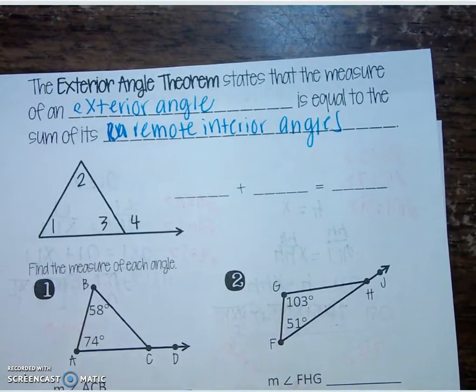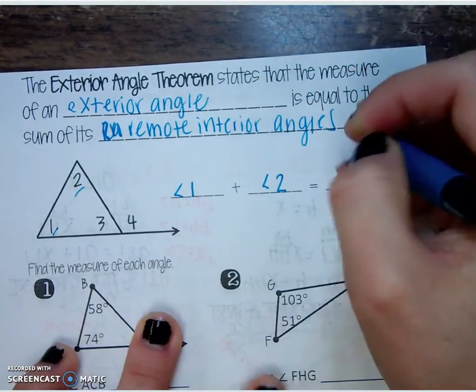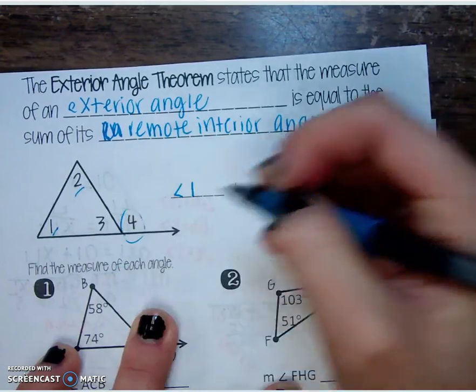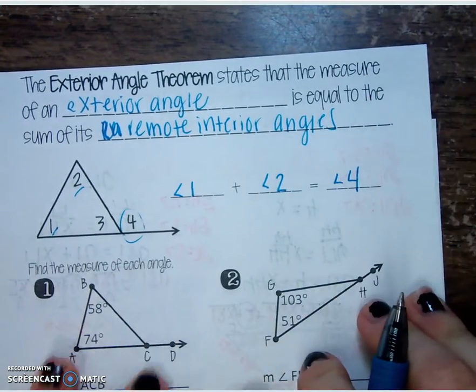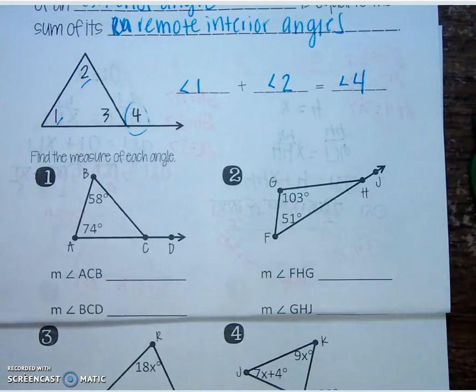So in this case, my remote interior is 1 and 2, so angle 1 and angle 2 will equal that exterior angle, angle 4. Okay?